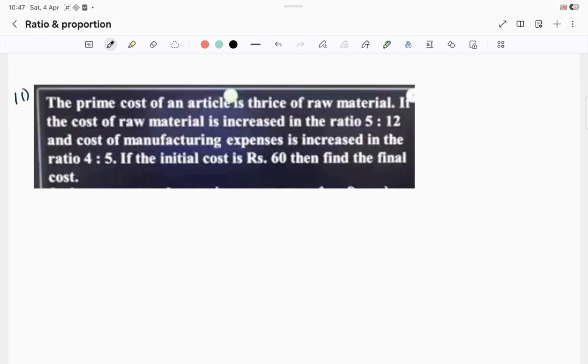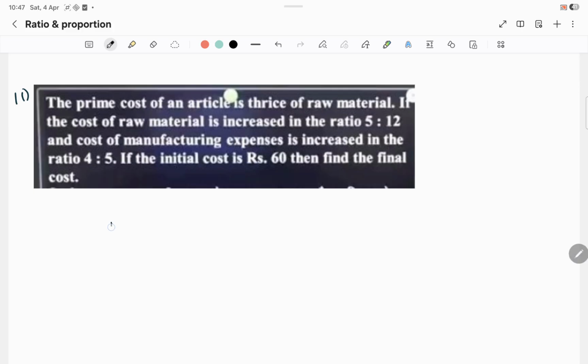If the cost of raw material is increased in the ratio 5 is to 12 and cost of manufacturing expense is increased in the ratio 4 is to 5. If the initial cost is 60 rupees, then find the final cost.